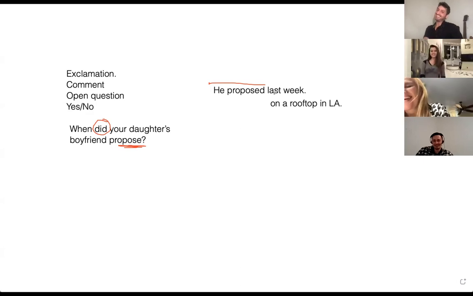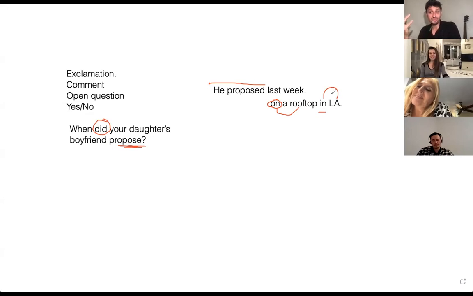Oh, okay. I see. Yeah. I get it. So remember, on a rooftop. On a rooftop in LA, in the city. Okay. In his apartment. So on a rooftop in his apartment. And then you can say, "Oh wow, that sounds like a very original proposal.